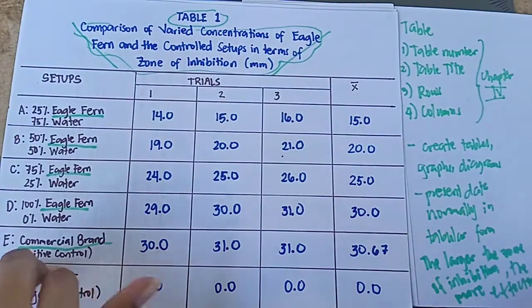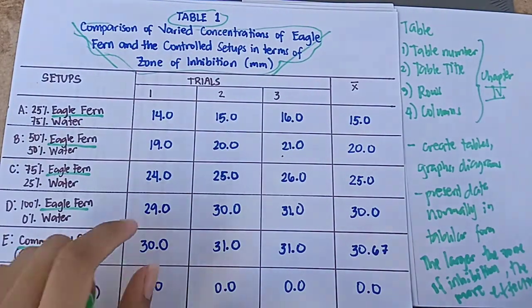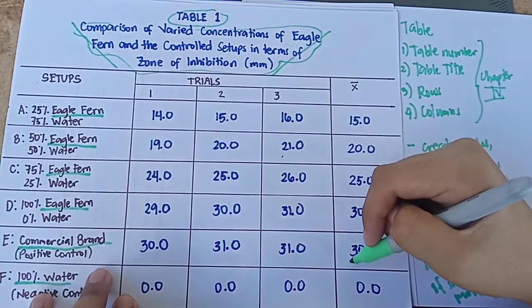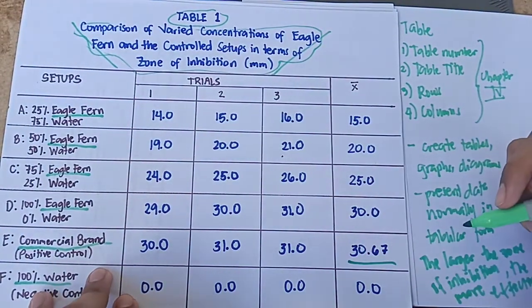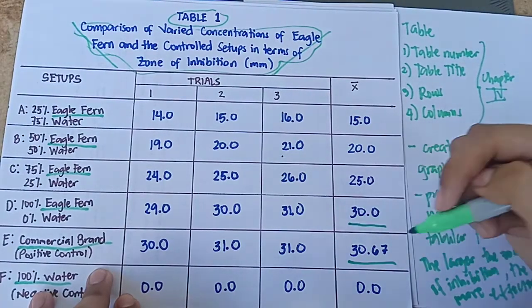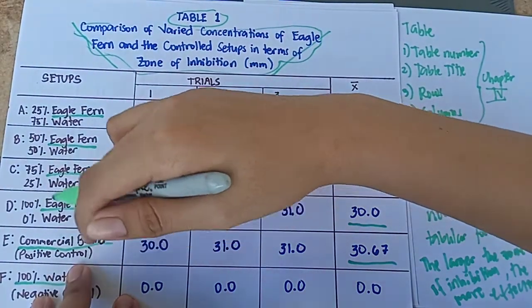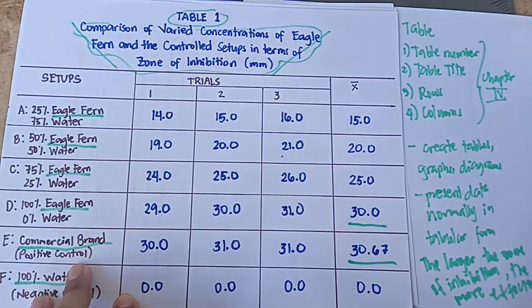Why? Because as we can see, the validity of the results. We have here 30.67 and we have here 30.0. Can we say that the results are valid? Yes, because the proven effective brand, the commercial brand, the positive control, yielded 30.67.